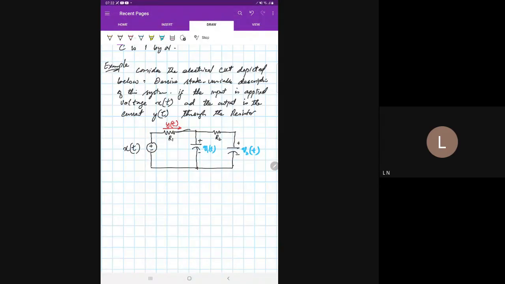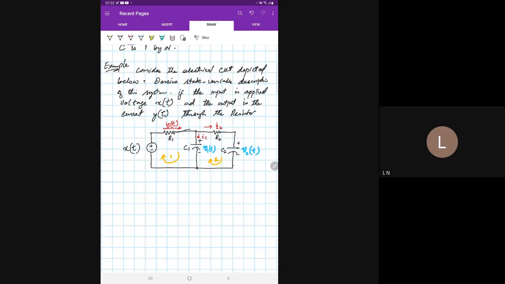Say for example, this is loop 1 and this is loop 2. This is capacitor C1, this is capacitor C2, and this is current I2 and this is current I1.